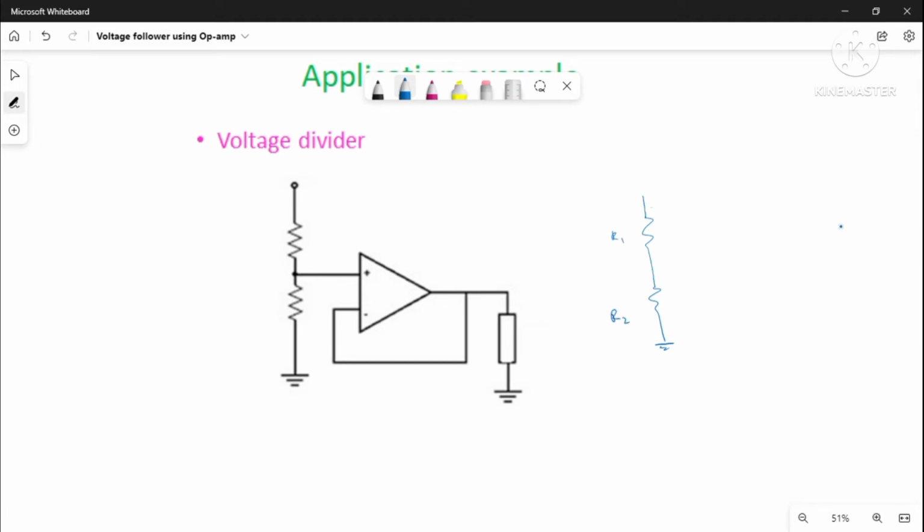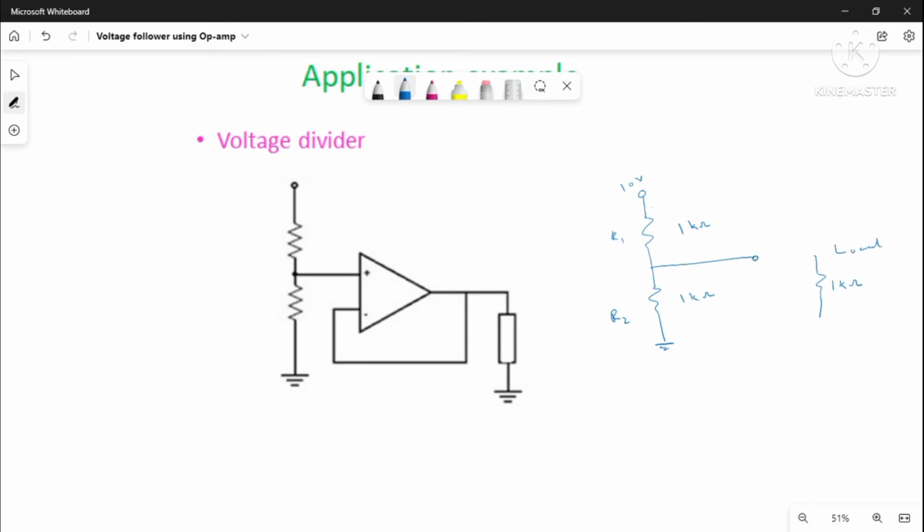Let us assume 1 kilo ohm R1, 1 kilo ohm R2, and the supply voltage as 10 volt. I want to tap the voltage from here and supply to a load of 1 kilo ohm. This is the load.